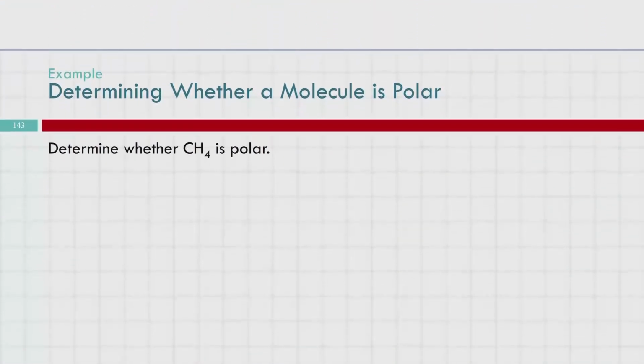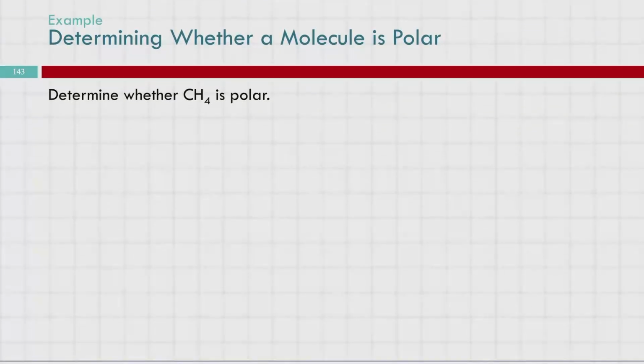We want to determine whether CH4 is polar. What do we need to do to figure out if CH4 is polar? We need to draw the Lewis structure. I'm going to pretend like we're all perfect at drawing Lewis structures. Congratulations, we have the Lewis structure. There it is, CH4 in all its glory. Then we have to check if there are any lone pairs on the central atom. So our first check: no lone pairs.